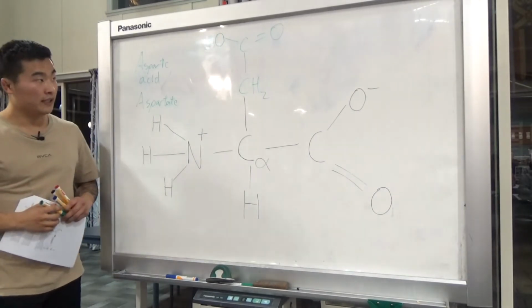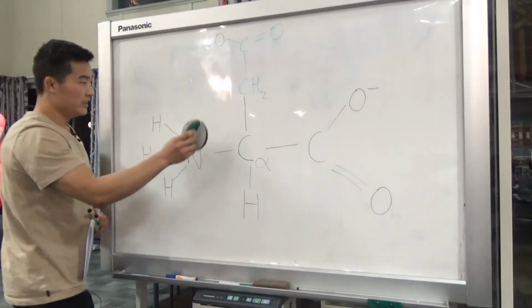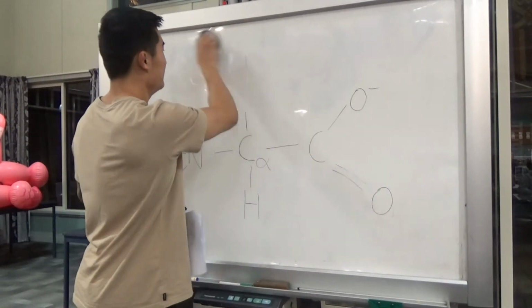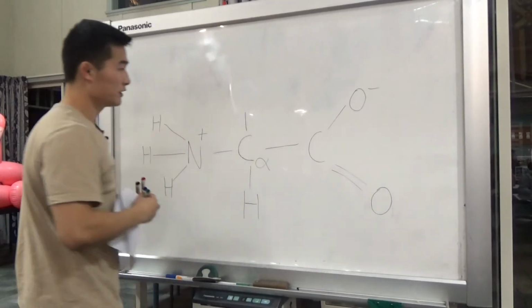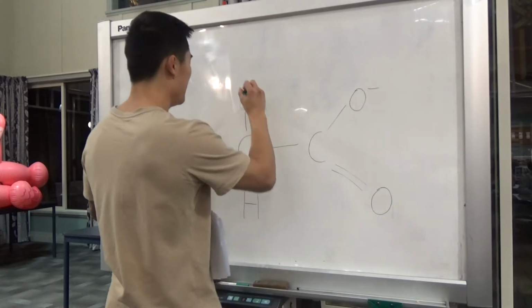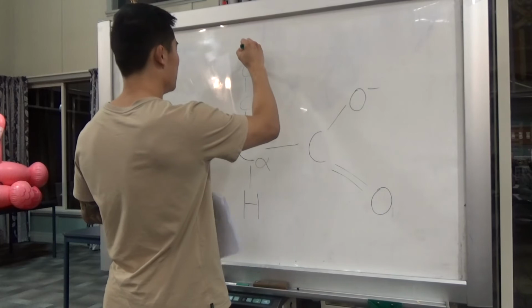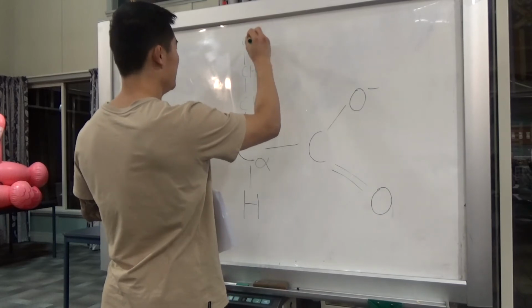All right, and then the other acidic amino acid is going to be glutamic acid. This one's got one more carbon in its side chain.